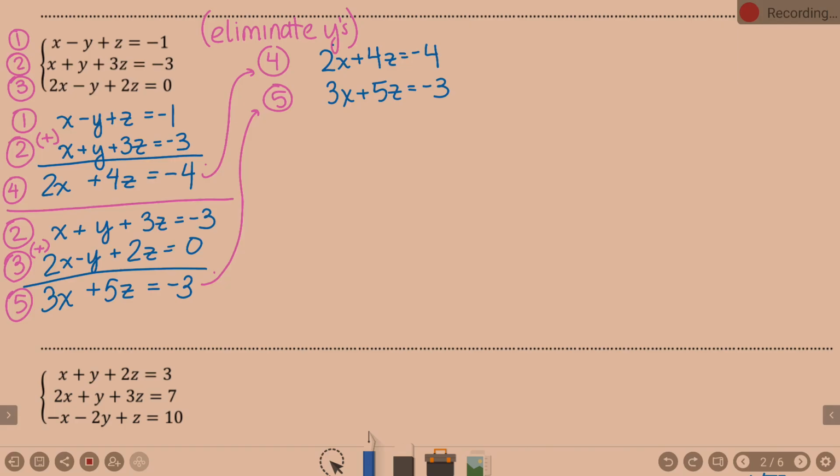I'm half with you. You haven't taken me quite far enough into that. We are going to combine 4 and 5, but not as is. That would not help. So you have to do what we did yesterday, you multiply them by, or we would multiply it by like negative something, so the signs are different.